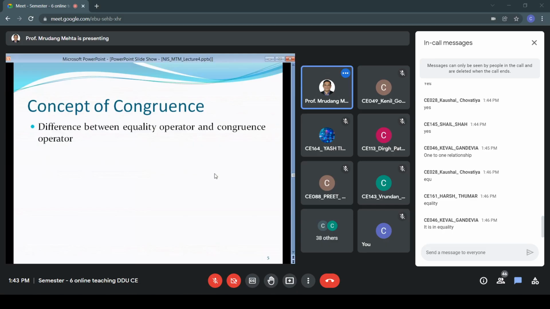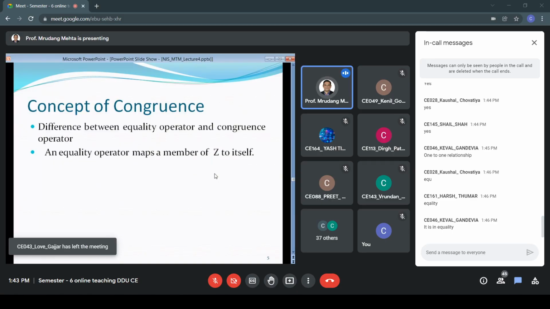Okay. So let us see the first difference. An equality operator maps a member of Z to itself. Correct? Is that correct? Equality operator maps a member of Z to itself. 2 equal to 2, 3 equal to 3, 4 equal to 4. But what about the congruence operator?